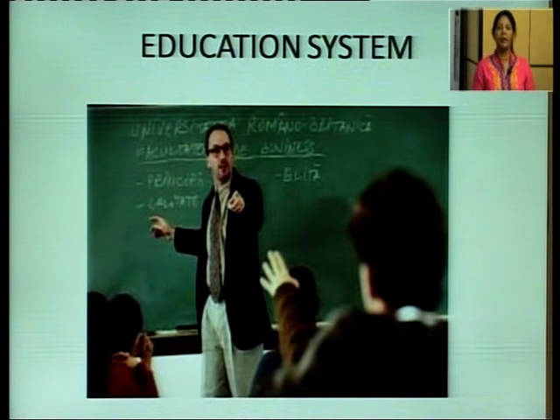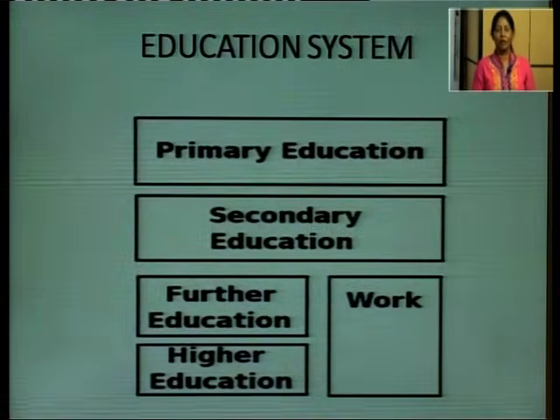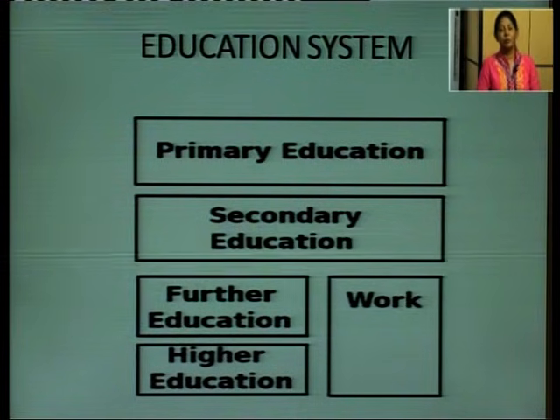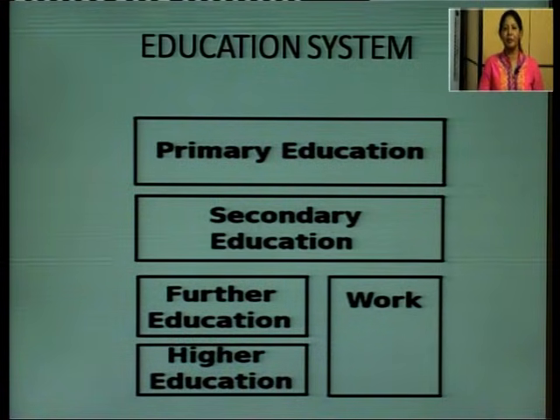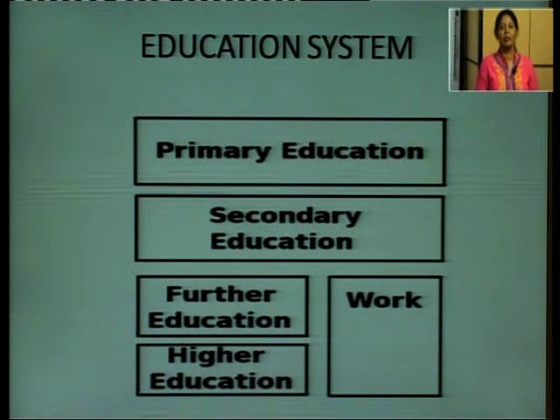First we do primary education, then secondary education, then further education, and then we go for higher education. The main target of this education system is to do the work.